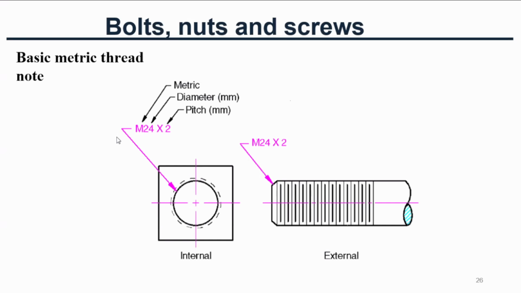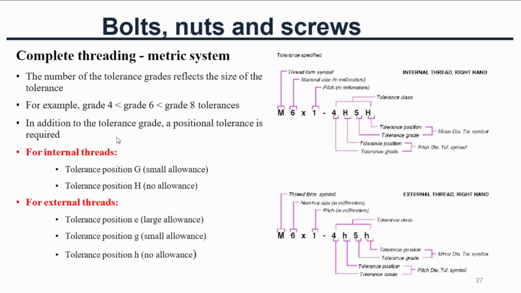Here you can see a notation like this: M24, where 24 means the nominal diameter of the thread and 2 means pitch. The second one says M25, where 25 means the external diameter, then 2 means pitch. Okay, these are very simple, no?